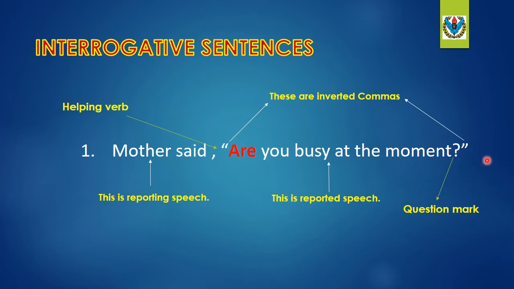So, an interrogative sentence or a question should have a question mark in the end, or it can have a helping verb in the beginning. What is a helping verb? Helping verbs are is, am, are, was, were, will, shall, has, have, do, did, etc.